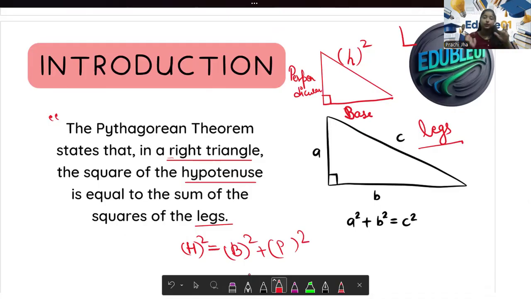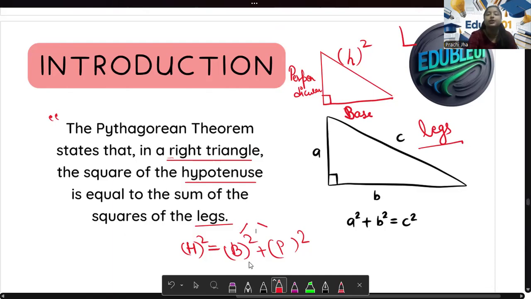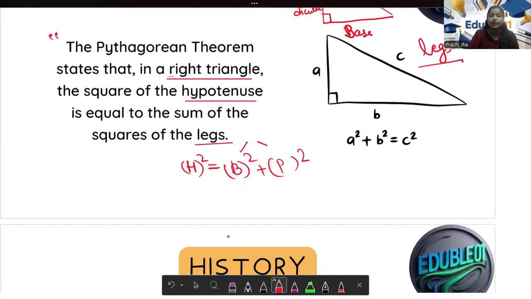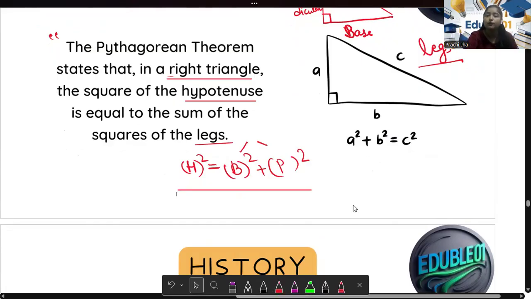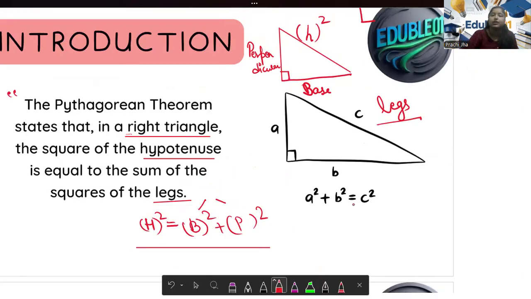For example, if you know the base and the perpendicular of a right angle triangle, you can easily get the value of the hypotenuse. And how? So here is the formula that is given. X square is equal to b square plus b square. Now, in terms of the names of the sides, we can also say that c square, as you can see, it's the hypotenuse side, c square is equal to b square, that is base, plus a square, that is perpendicular.